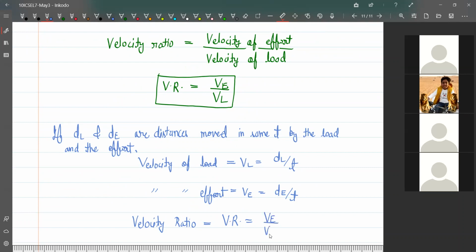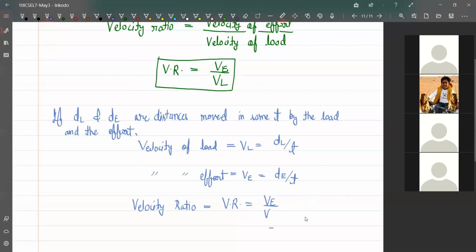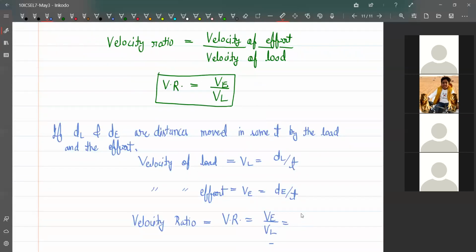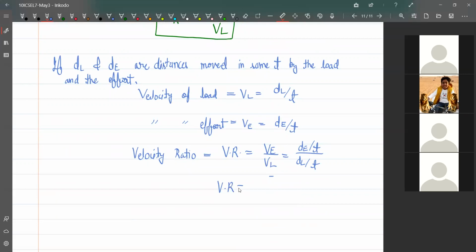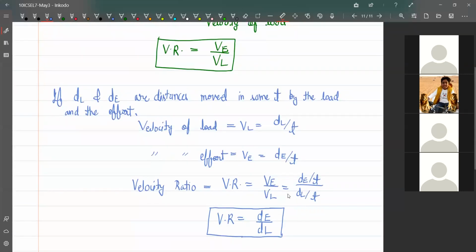Remember, effort upon load, not load upon effort. That is distance of effort upon time divided by distance of load upon time. The time gets cancelled, and what you get is velocity ratio is distance traveled by effort upon distance traveled by load. Note this down.